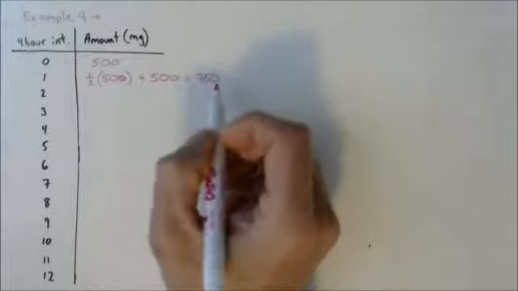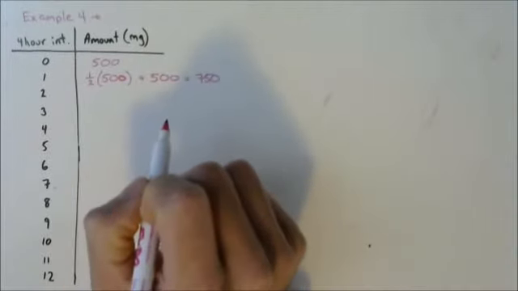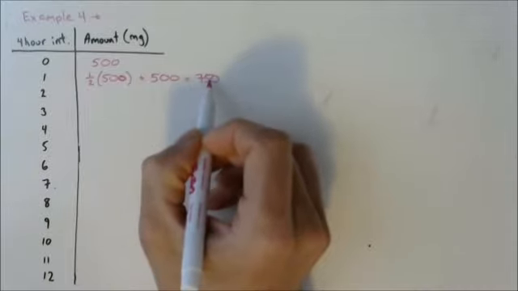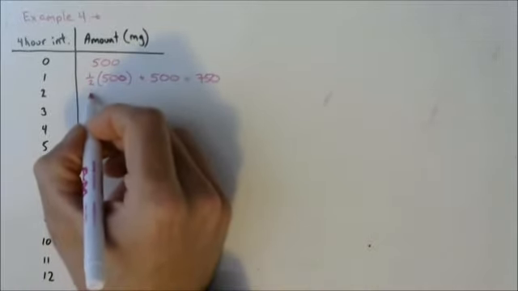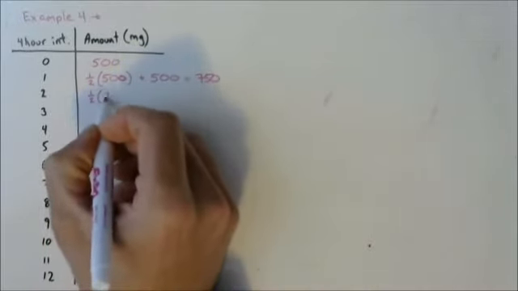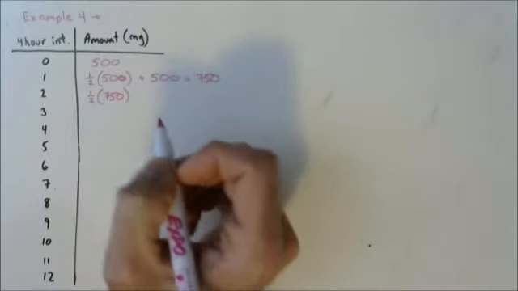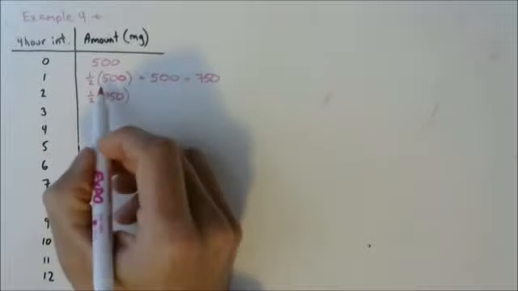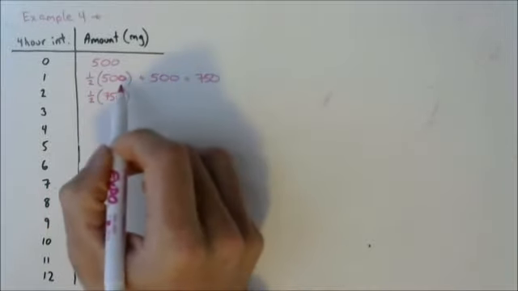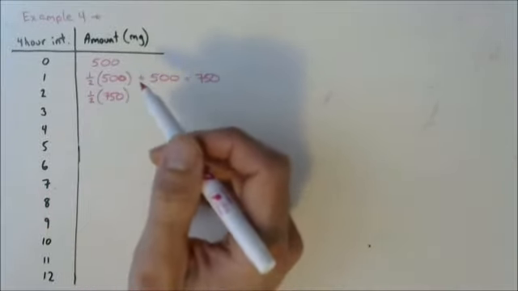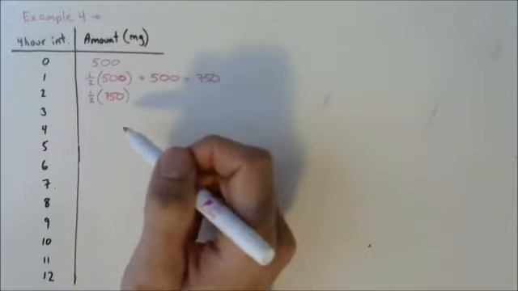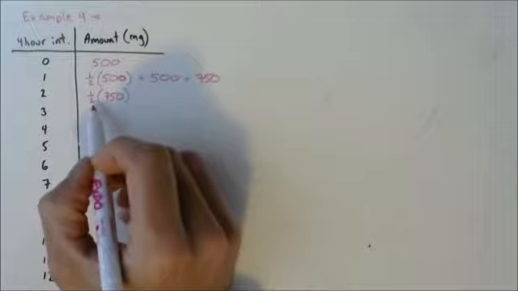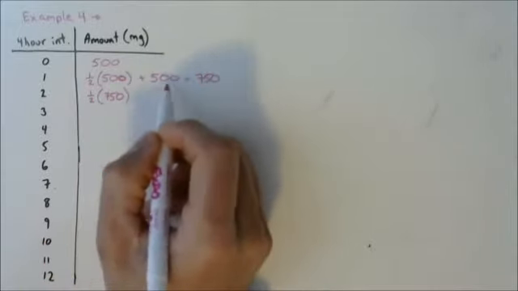Now you can see how this is going to be a recursion formula, because now we have this amount, 750 milligrams, and after the next 4-hour interval, that amount is going to be cut in half. Now we don't care how much of that 750 is from the first batch and from the second batch. It's half-life, so it's going to decay at a constant rate, which means all of that 750 is going to be cut in half, regardless of what part it was.